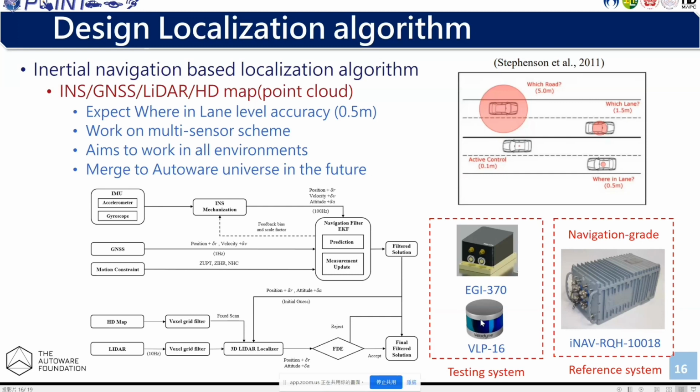And we work on the multi-sensor case, including the IMU, GPS, HD map and LiDAR. And we aim to work in all environments. And we have also planned to merge into Autoware Universe in the future.